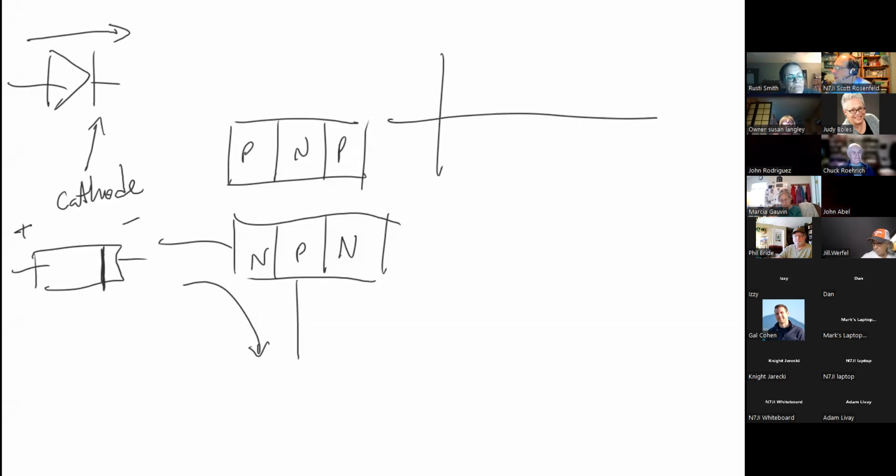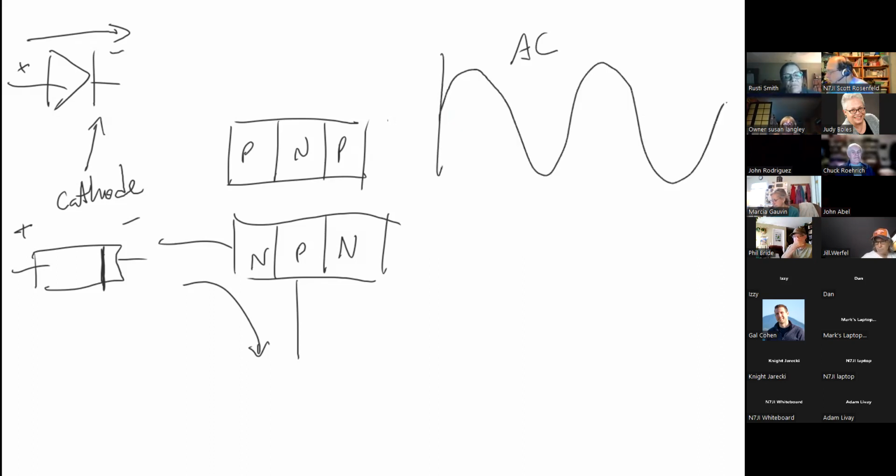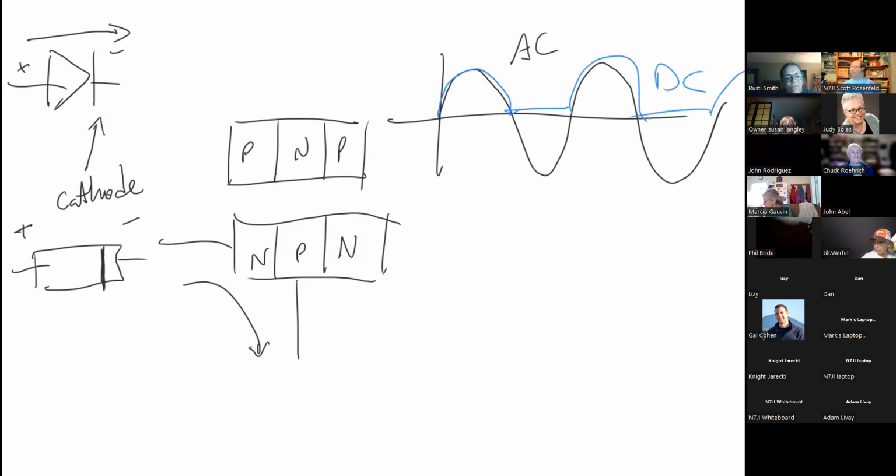And we have our incoming AC that goes into here, and since this is plus and minus, what we end up with is something that looks just like this. And it goes only positive on this side, and that is our DC.